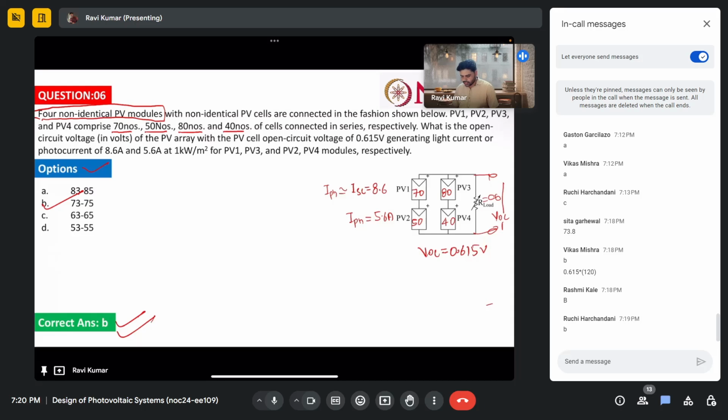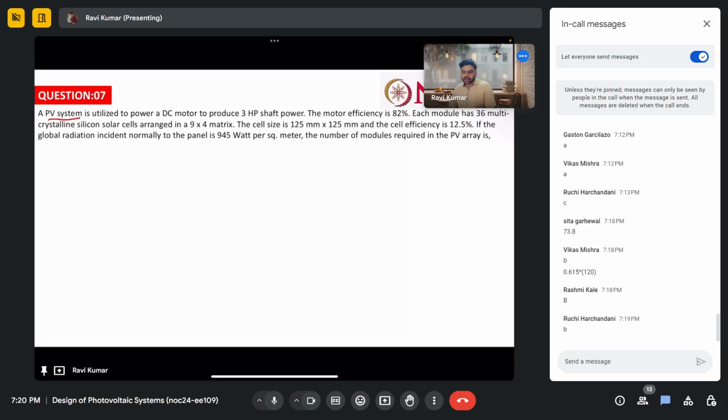Let's move to the next question, which says a PV system, means we need to run a 3 horsepower shaft power DC motor. Efficiency of the DC motor is 82%.